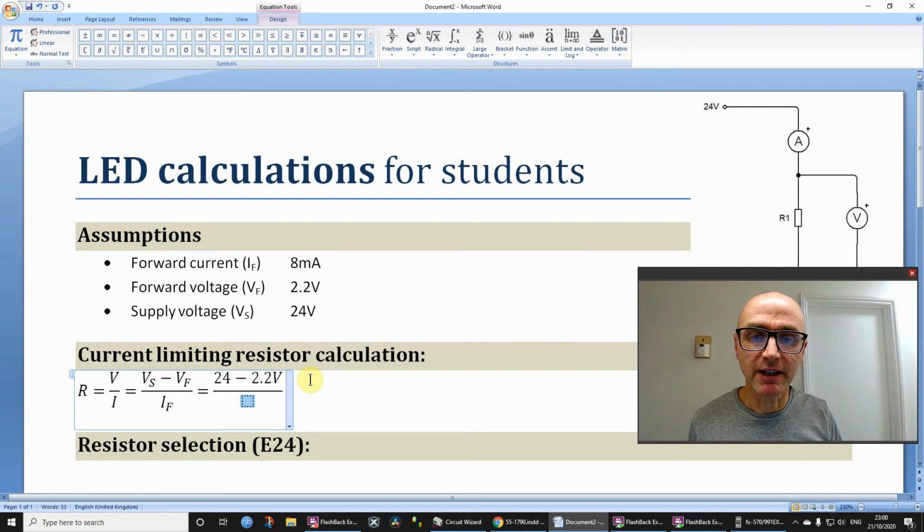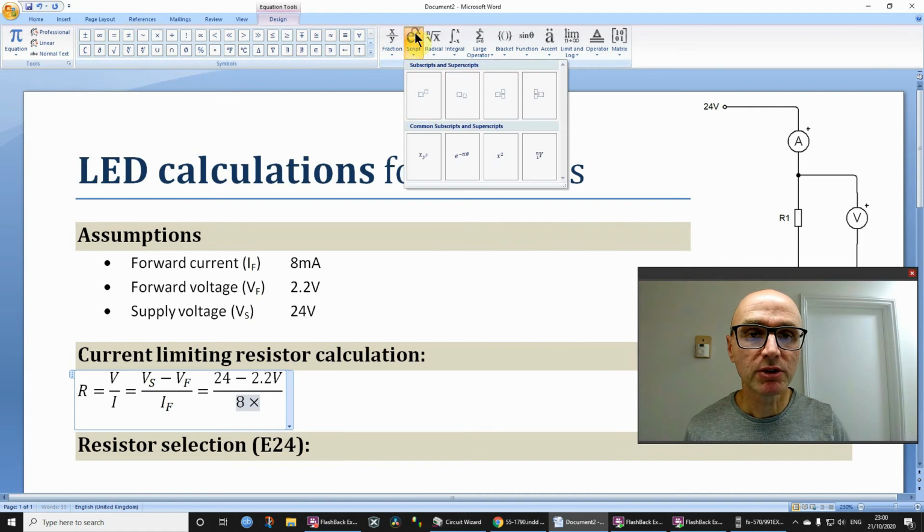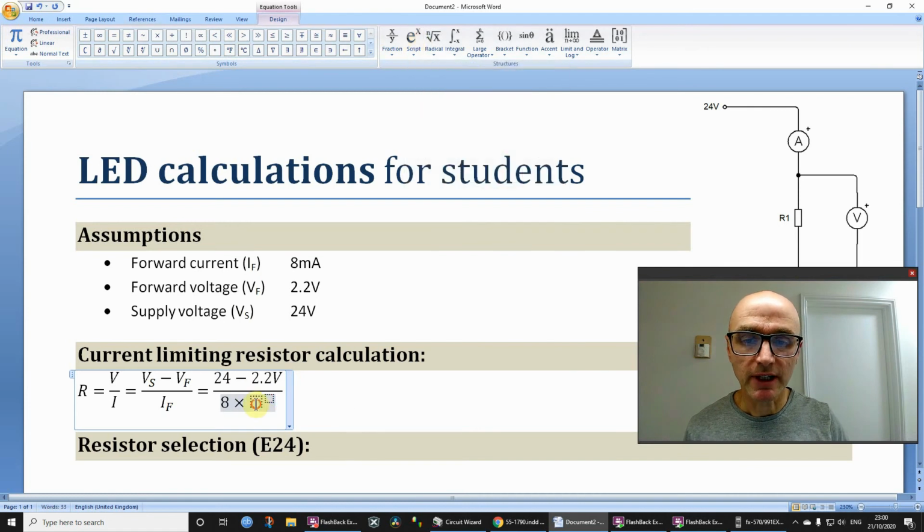Okay, IF. Now we've got lots of options here. So we could say 8 mA, 8 milliamps. We could do say 8 times, oh hang on, do a superscript. We could say 8 times 10 to the minus 3, because that's milliamps, so you can write it like that if you want.